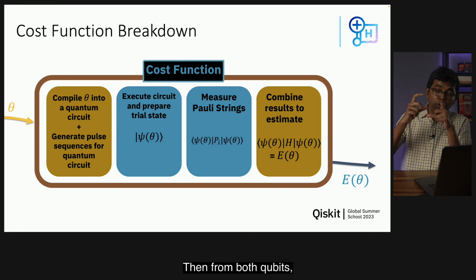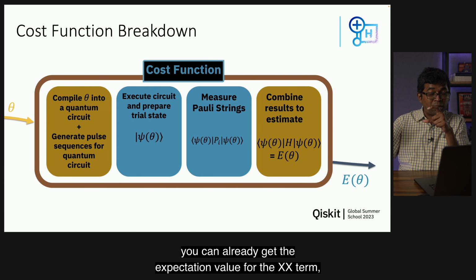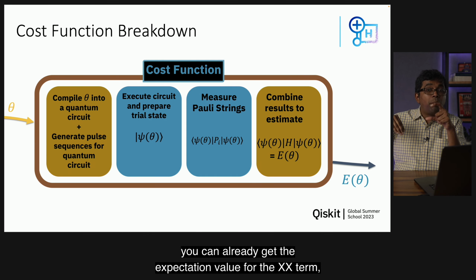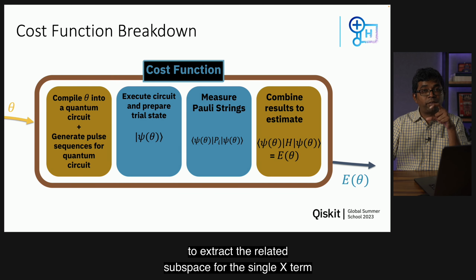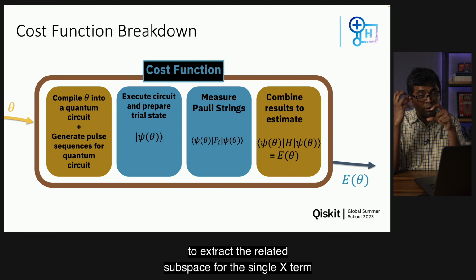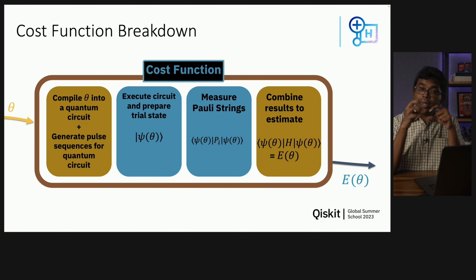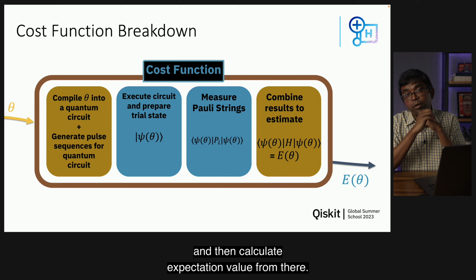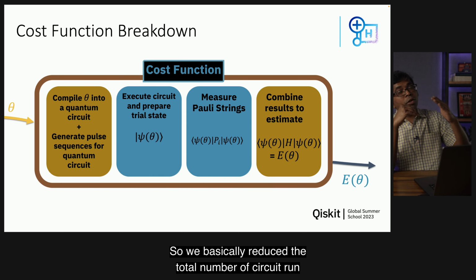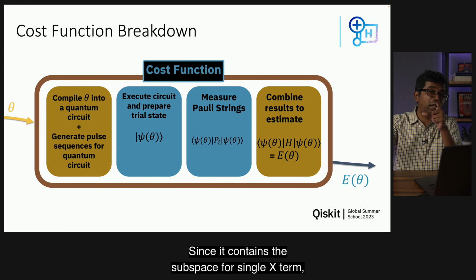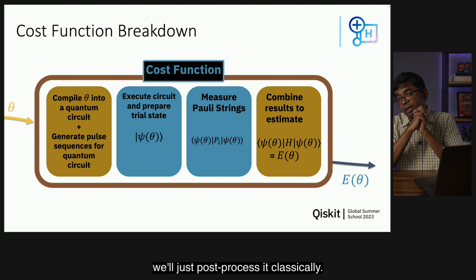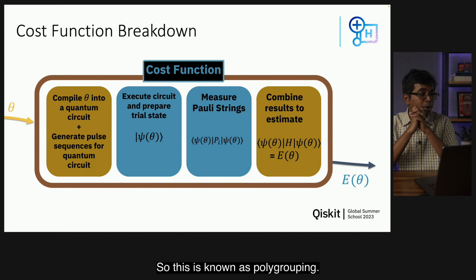From both qubits, you can already get the expectation value for the xx term, but you could also do classical post-processing to extract the related subspace for the single x term, and then calculate the expectation value from there. So we basically reduced the total number of circuit runs by half, because we ran it for the xx term. Since it contains the subspace for the single x term, we just post-process it classically. This is known as Pauli grouping.